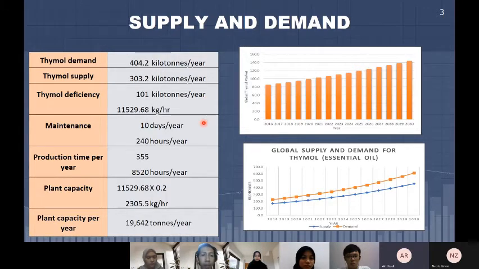The maintenance is for 10 days, which is the same as 240 hours per year, and the production time per year is 8,520 hours per year. So our overall plant capacity is 2,305.5 kilogram per hour, which is the same as 19,642 ton per year.